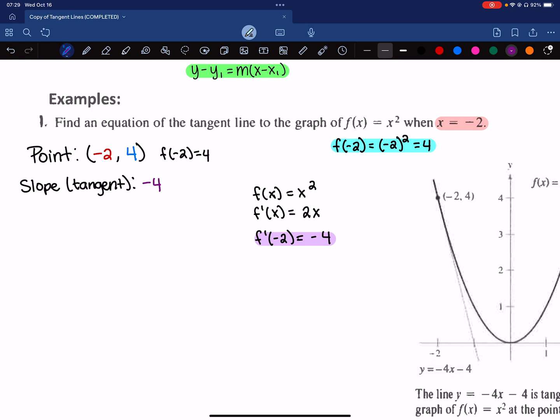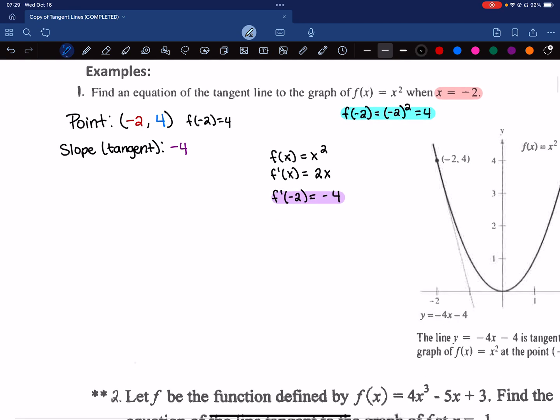Now that we have our point and we have our slope, we can write it in point-slope form. So that would be y minus 4 equal to m, and m is -4, times x minus, and we're plugging in a -2, so that double negative is what turns this positive.